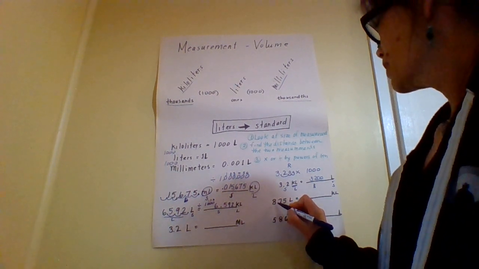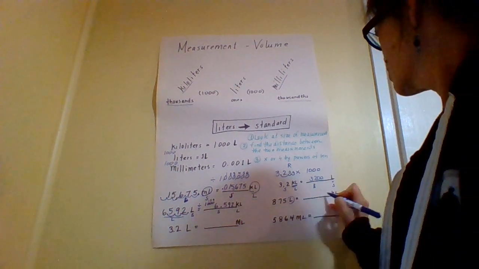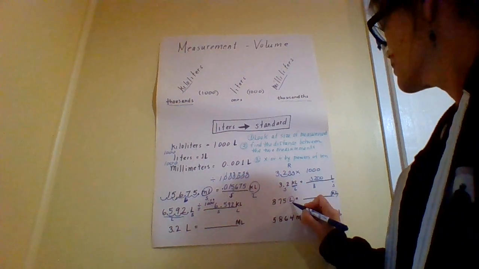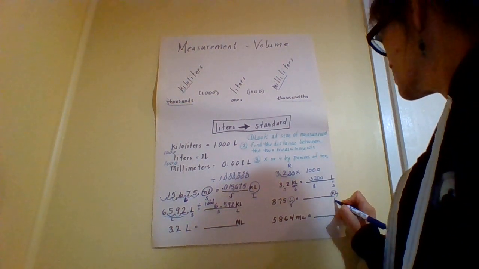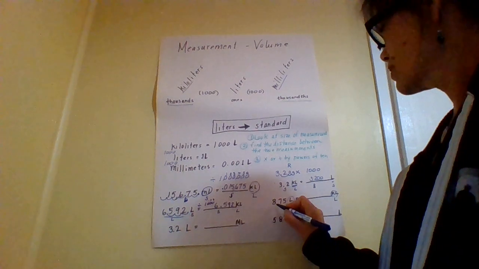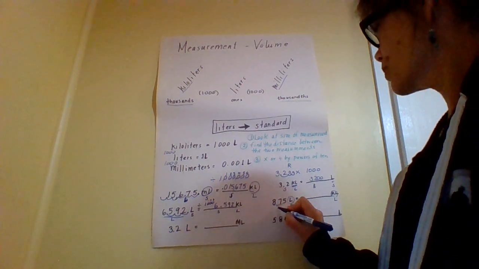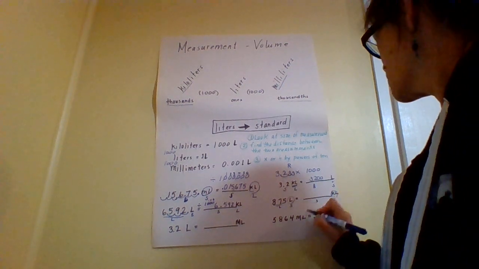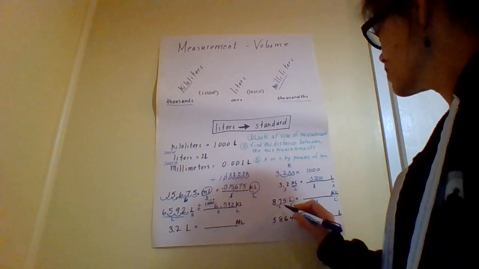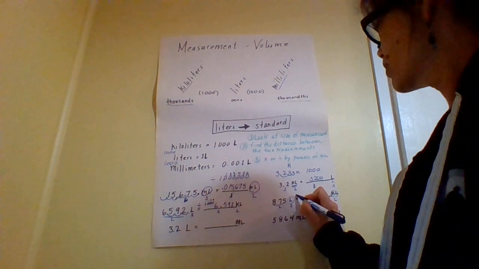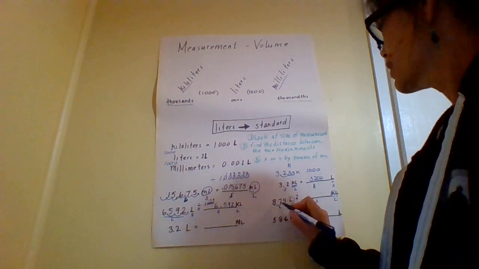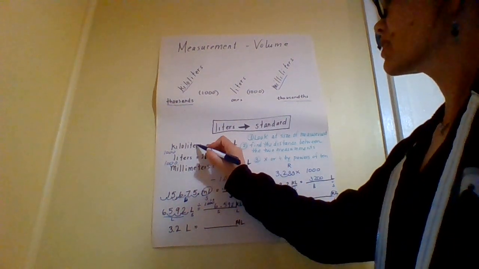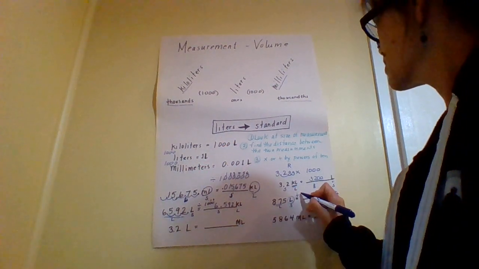Next problem. Start with liter and kiloliter. This one's the smaller one. This one's the larger one. That means this number is bigger, and this one's going to be smaller. So we're going to get smaller. We divide, and the distance between liters and kiloliters is 1,000.